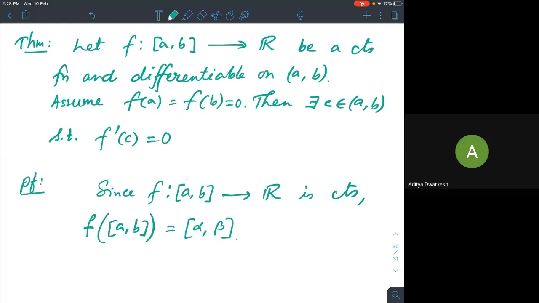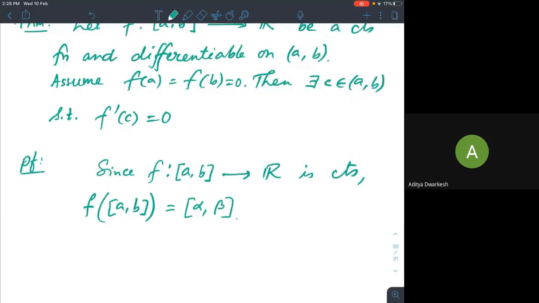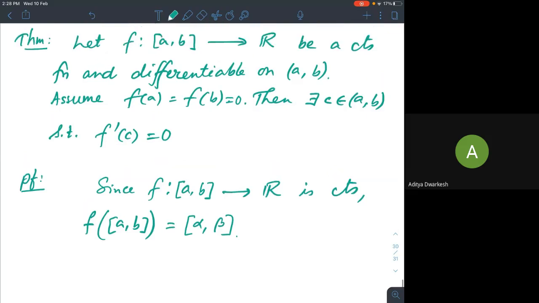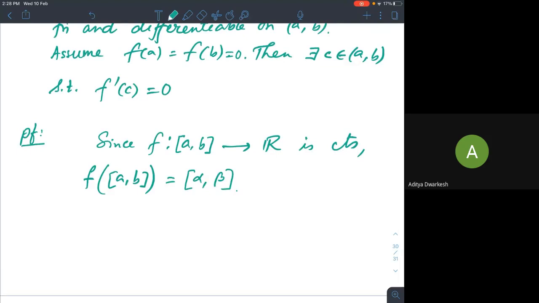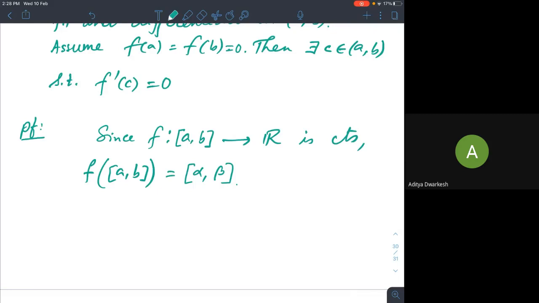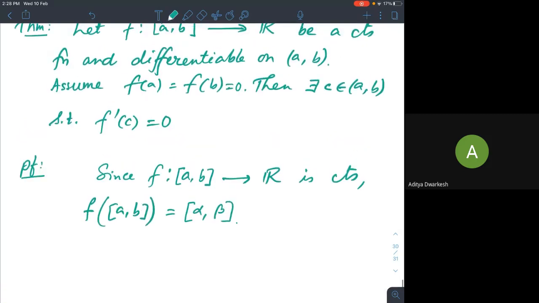Equality is good enough actually, but we'll come to that when it is not equal to zero. That will come from the next corollary. But in this case, you just assume f(a) equal to f(b) to be equal to zero.